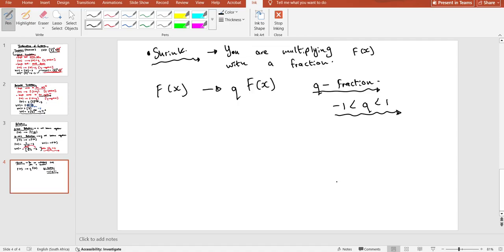That's the fraction I'm talking about. If it's greater than 1, then that will not be a shrink. That will instead be an expansion, or rather a growth. It will be stretching, right?